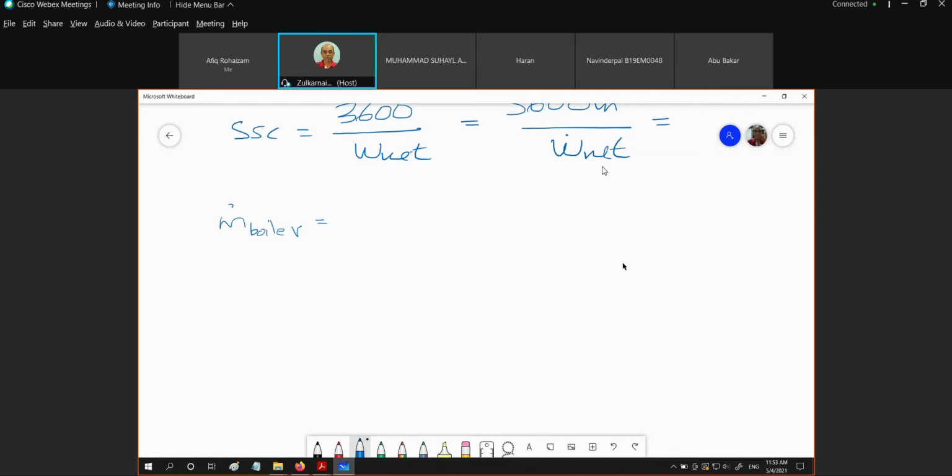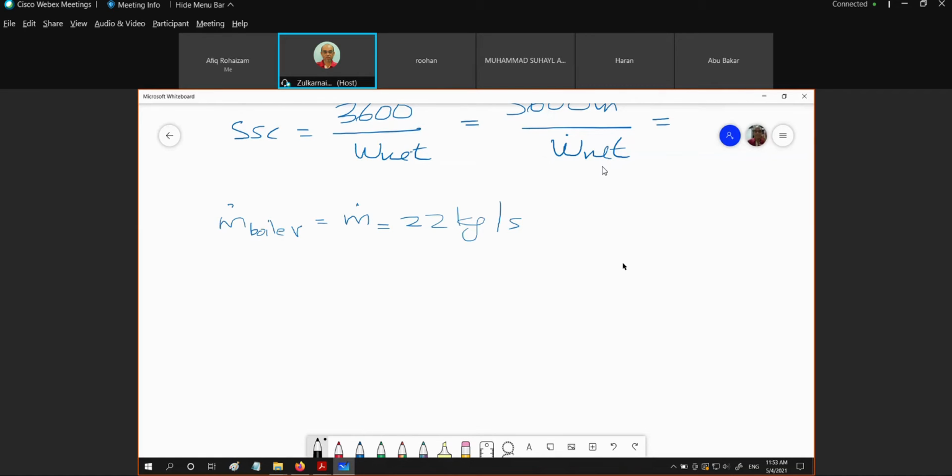So how much is the m dot for the boiler? In this case, it is equal to m dot, which is equal to 22 kilogram per second.